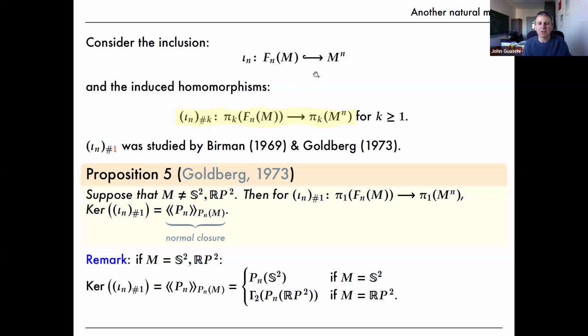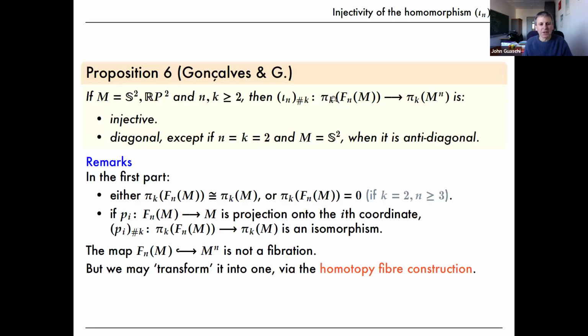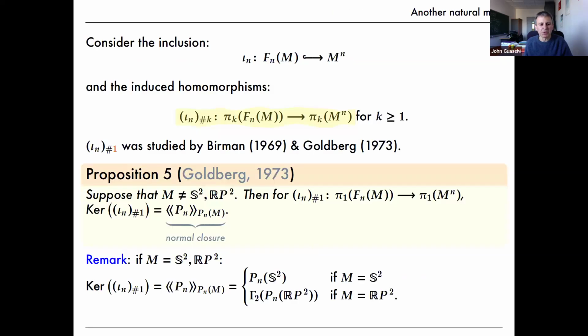So you might say, another interesting problem is how can we view the difference between these two spaces? In particular, when we look at their homotopy groups, can we say something about the relation between them? So that was for k equal to 1.